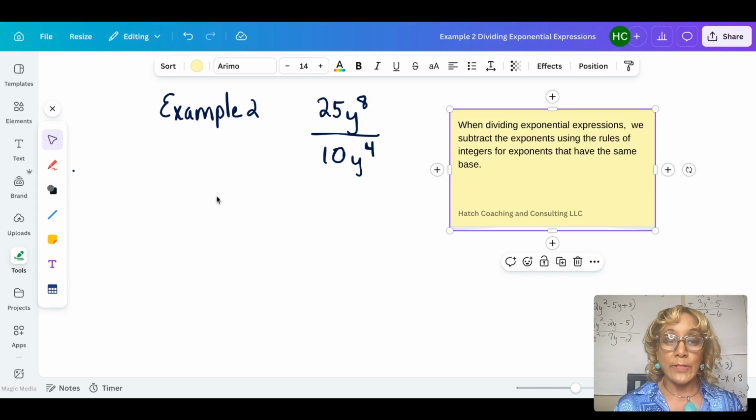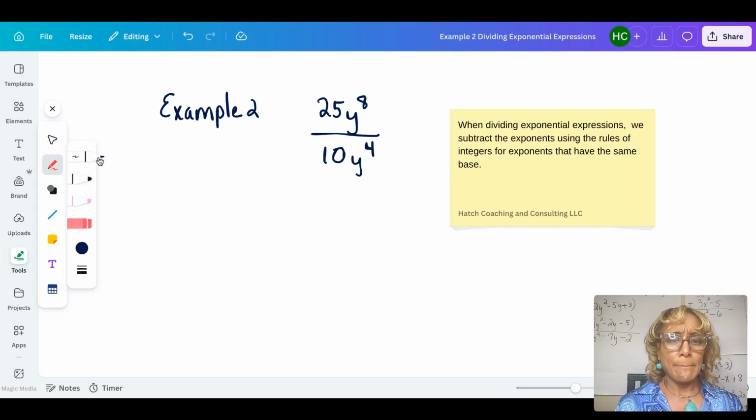So if you want to think of it like this, that's really what you're doing: 5 times 5, and you've got y to the 8th power. I'm not going to expand it out because I want you to get practice with using the actual algorithmic process. And you've got 10, which is 2 times 5.